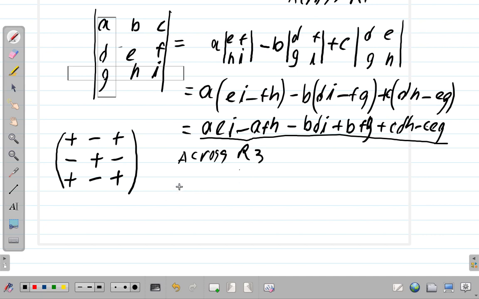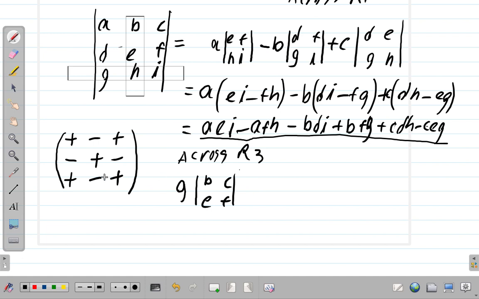So let's see what happens now. We have G. G is associated with a plus here. You can see it here. G times the determinant containing the uncovered elements B, C, E, F. Okay. Then we're going across row 1. So we move our rectangle over here. Now it is H that is being covered in terms of both row and column.